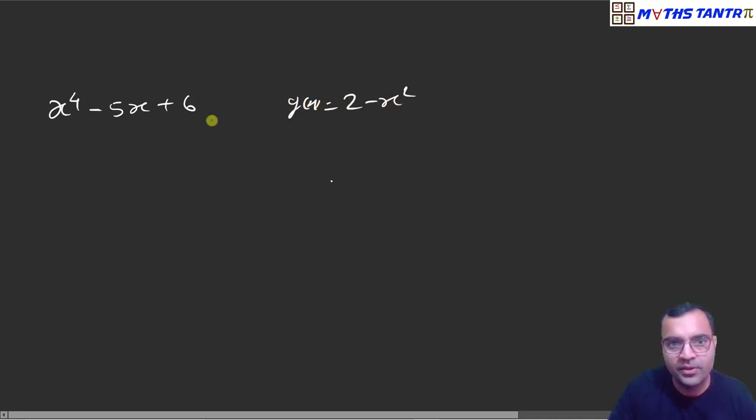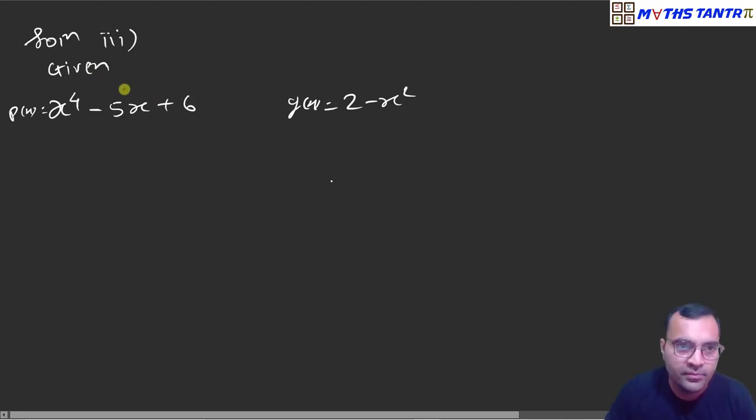This is my g of x, the divisor. This is p of x, the dividend. Solution third. Given. In the last class, I told you to write the given. Even if you don't know the solution, you will get marks for writing the given. At least you will score half marks in CBSE.